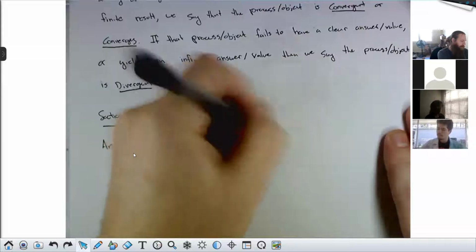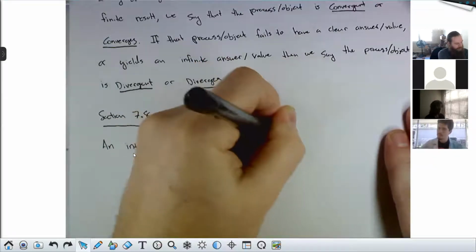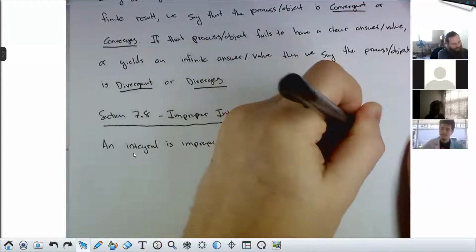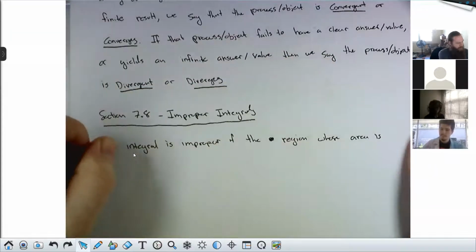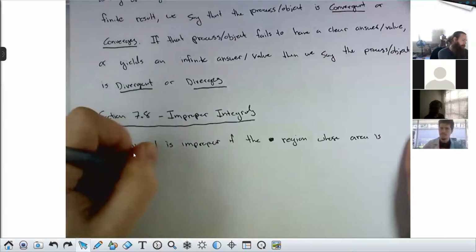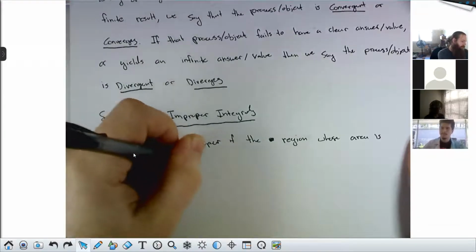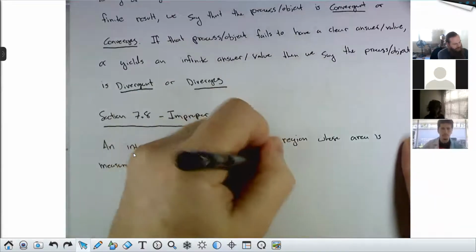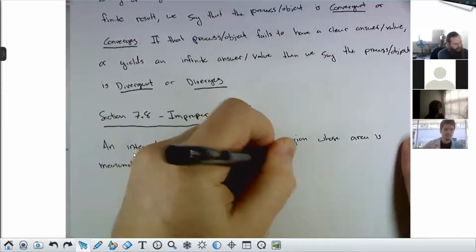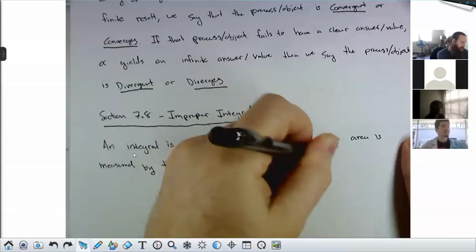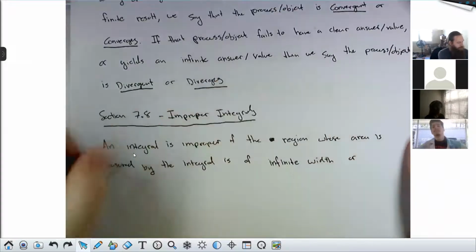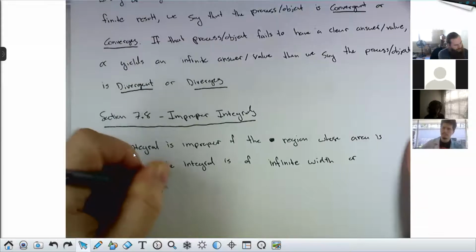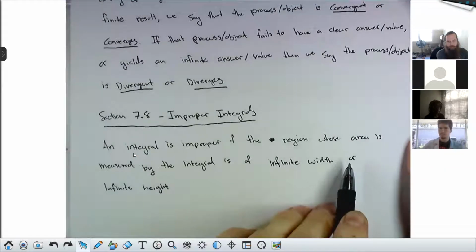if the region whose area is measured by the integral is of infinite length, I'll say infinite width, or infinite height. And this is the mathematical "or", meaning it's not exclusive.